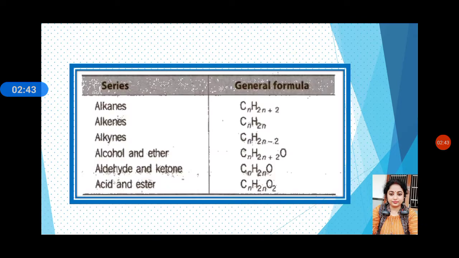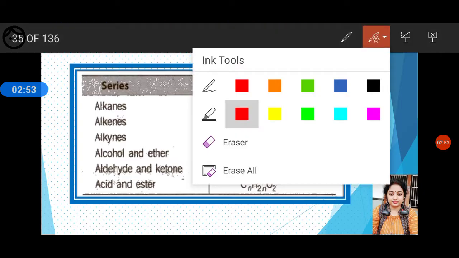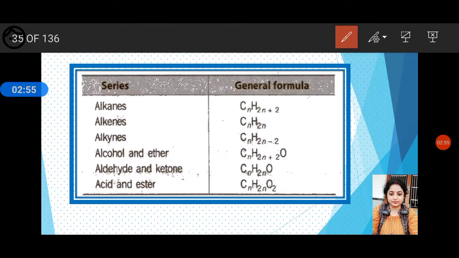For example, alkanes have the formula CnH2n+2. You have to learn this by heart. For alkenes, minus 2 from the above formula, it becomes CnH2n. For alkynes, again minus 2 from the above formula, so CnH2n-2.